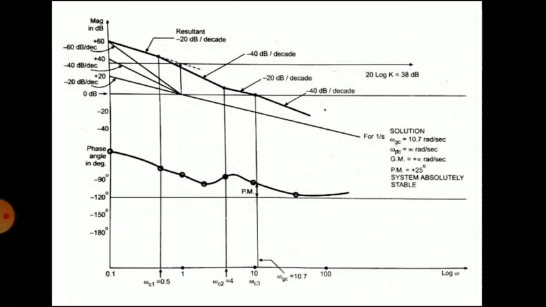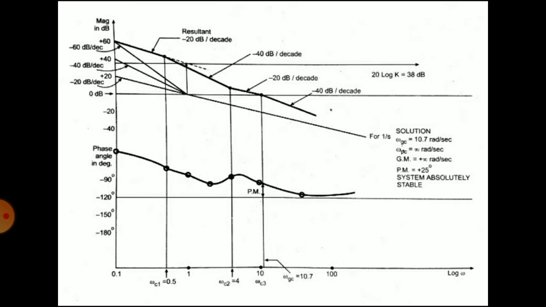So you can see here at the top the 20 log k is equal to 38 dB line. You have to draw the horizontal line at 38 dB. Then a straight line of slope minus 20 dB per decade for the poles at origin at the intersection point.